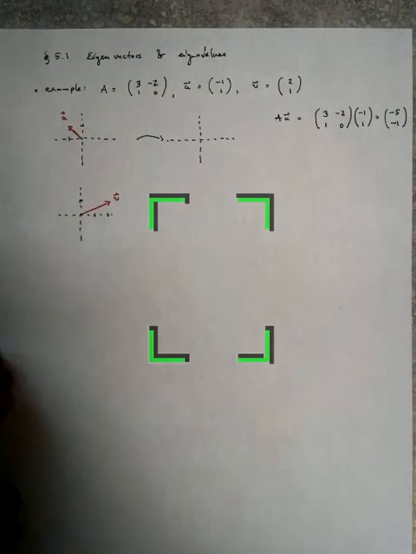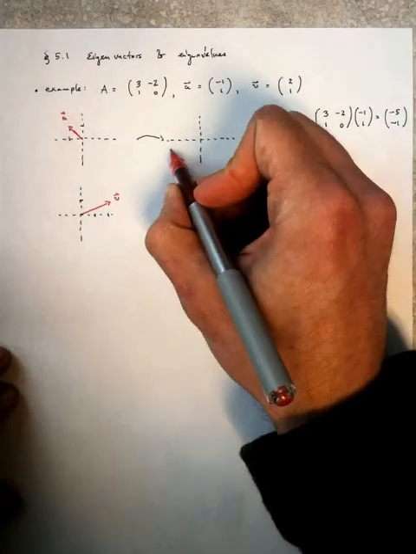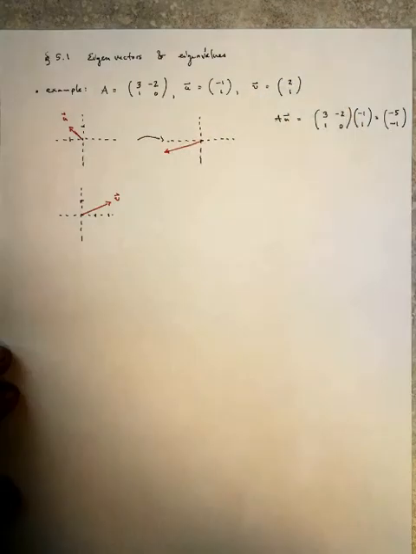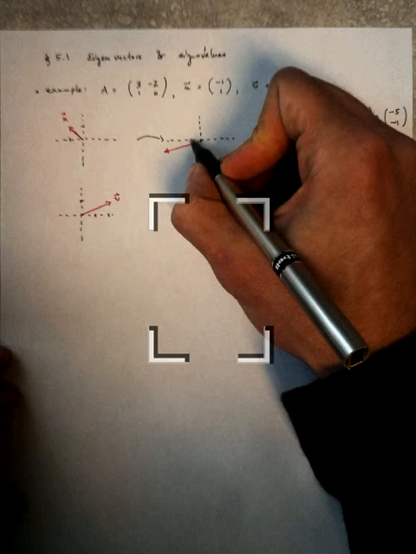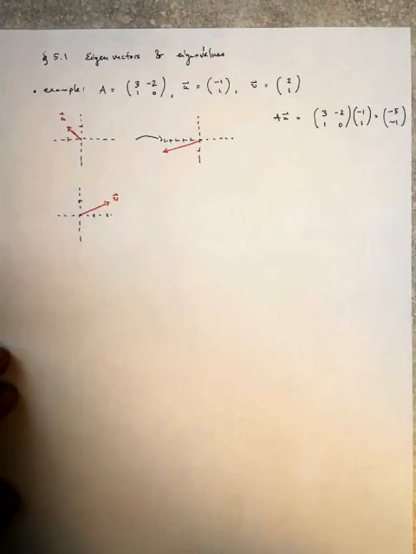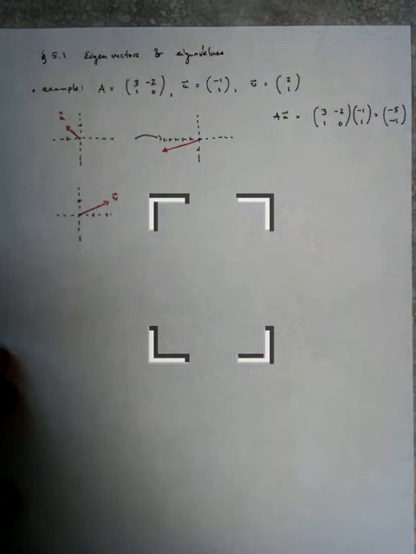Okay. So let's draw that. So let's look something like this. Right, so this is going to be 1, 2, 3, 4, 5, and negative 1. So this is A of U.